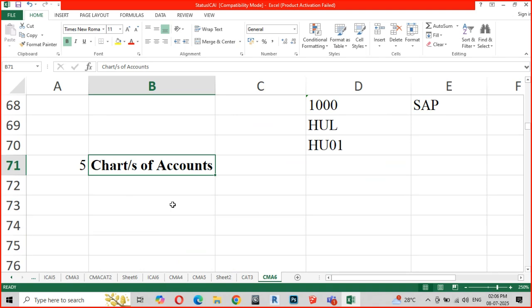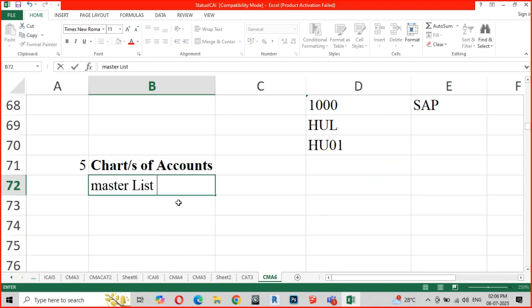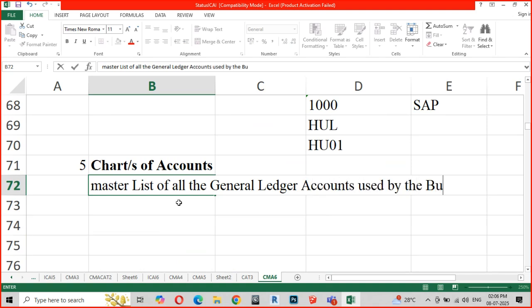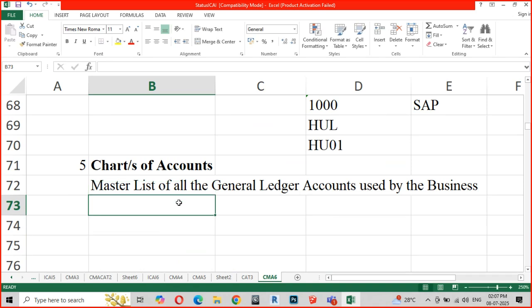Now, what is this? Simply said, your chart of accounts is nothing but a master list of all the general ledger accounts which are being used by the business.